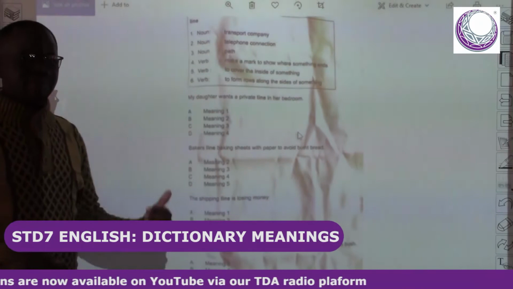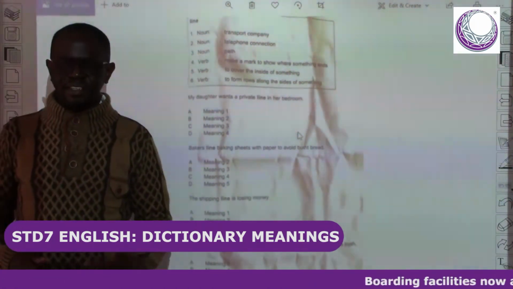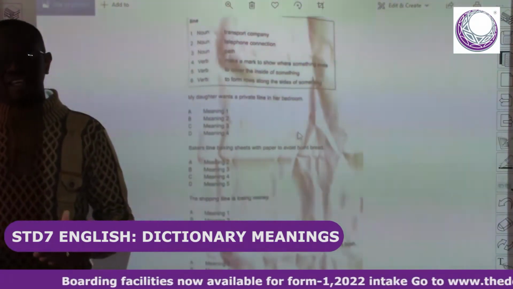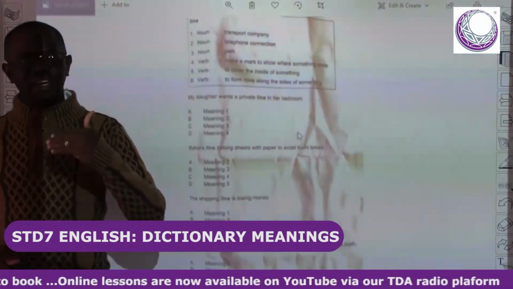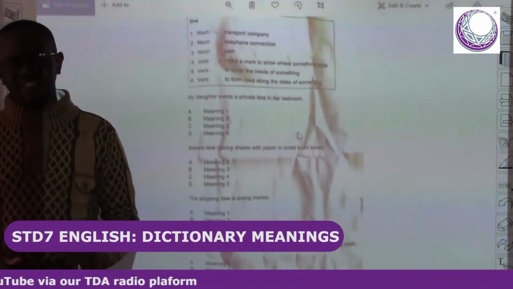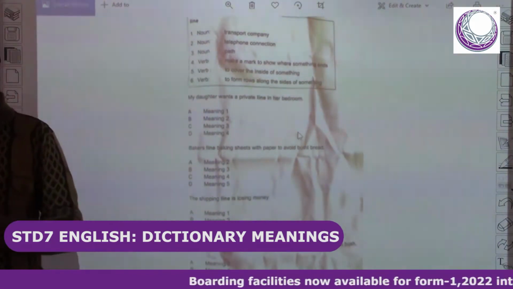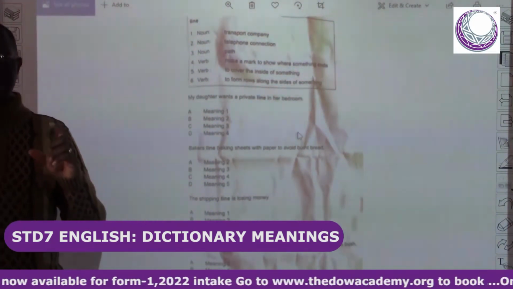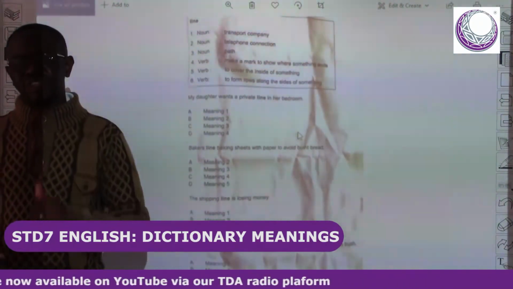So dictionary meanings are interesting, and we can actually practice a lot of dictionary meanings even by looking up words in a dictionary. You discover to say that once you open a page in a dictionary, you can find one word used in different contexts.